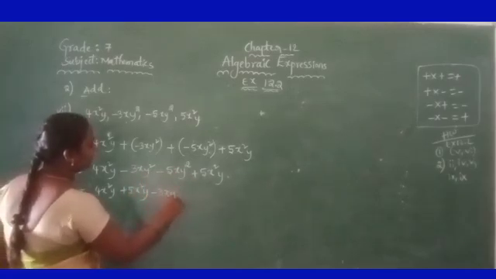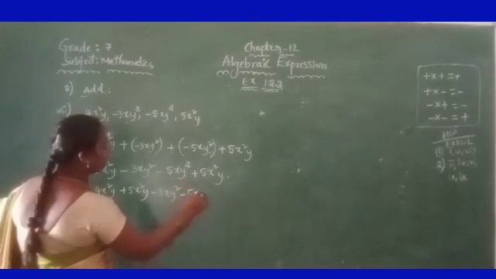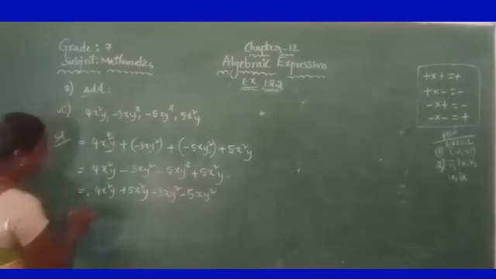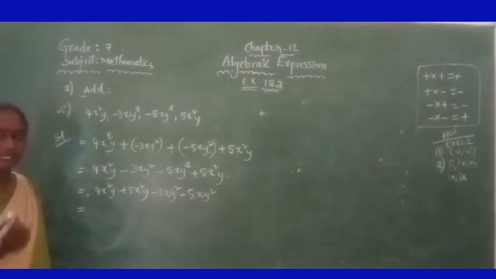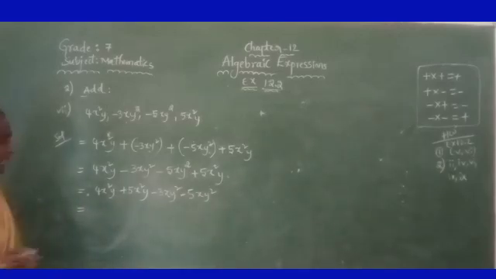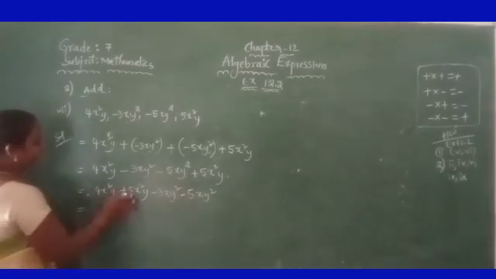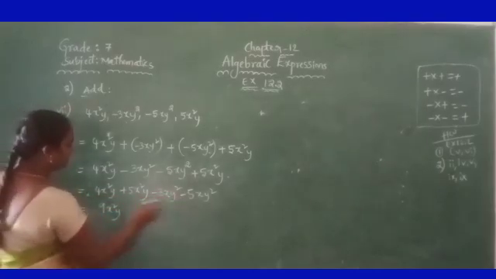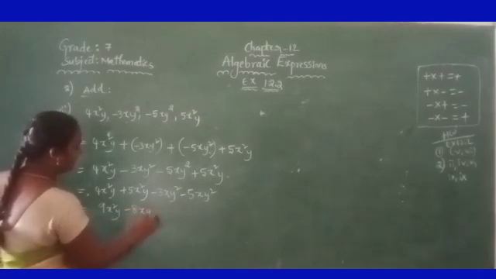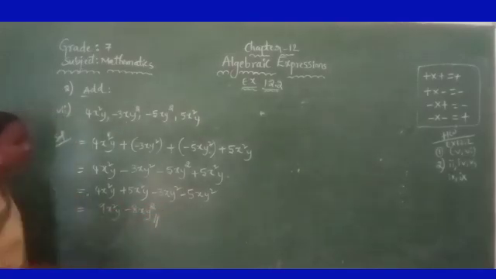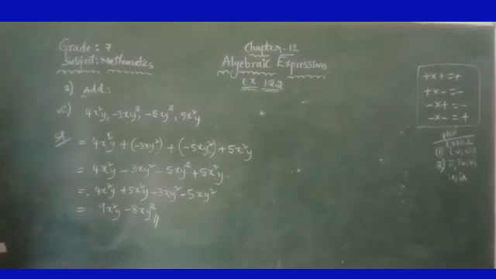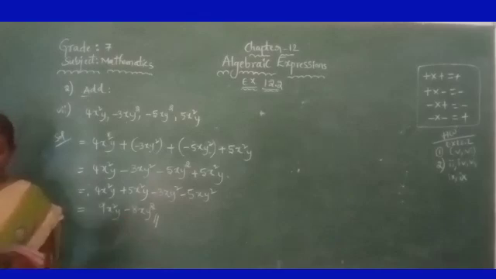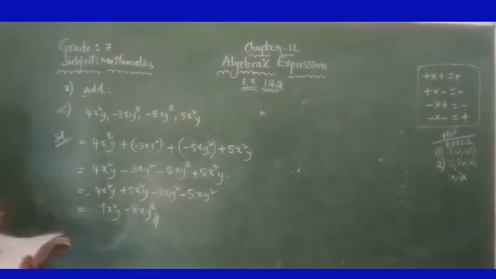These terms you write here: minus 3xy square minus 5xy square. Unlike terms we will not add. So now add 4 plus 5, 9x square y; minus 3 minus 5, minus 8xy square. Is it possible to add both? No. So you leave it like this, 9x square y minus 8xy square. Very good.